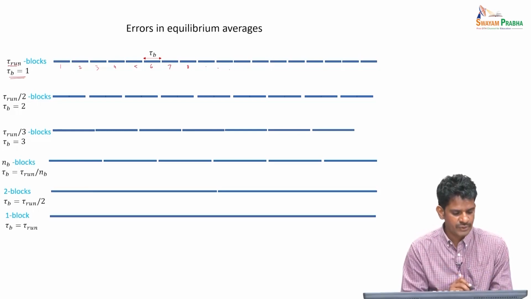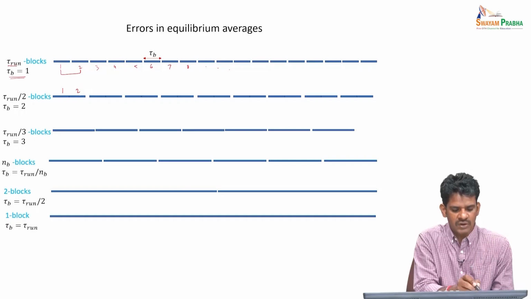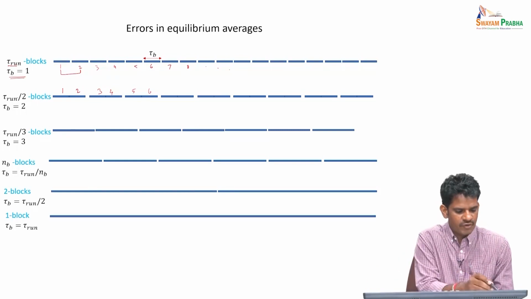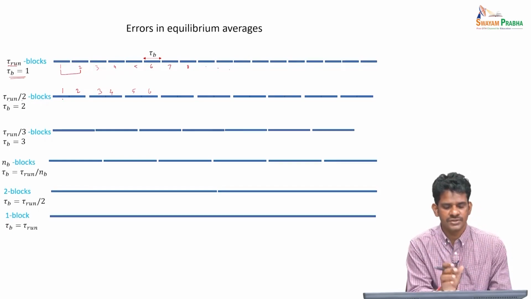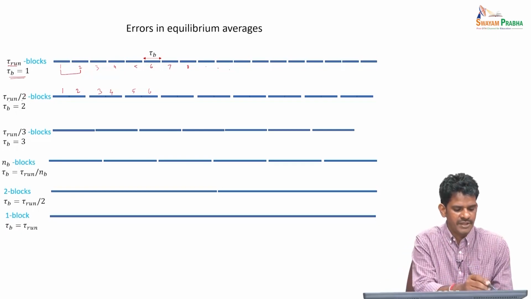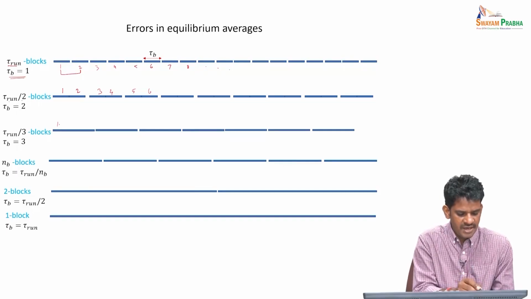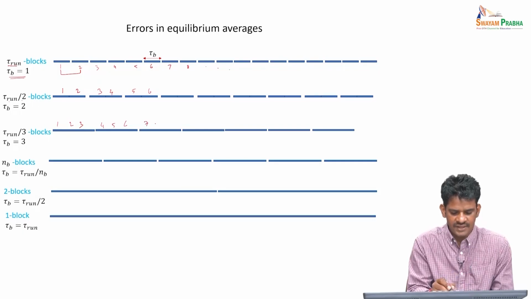In the second step, I combine two and take that as one block. So data 1 and 2 make the first block, 3 and 4 the second block, 5 and 6 the third block, etc. The number of blocks would be tau n by 2, because I have combined 2 data sets into one block. Next I can take 3 data sets, 1, 2, 3 as one block, 4, 5, 6 as another, 7, 8, 9 as another.